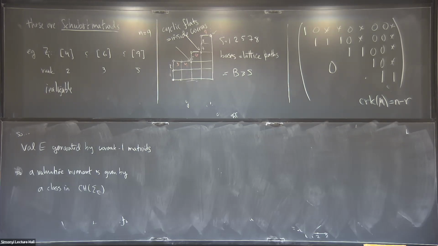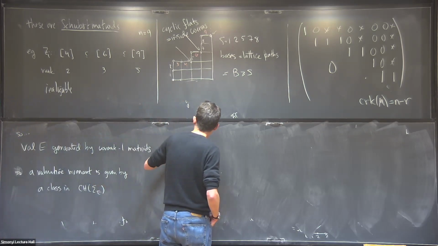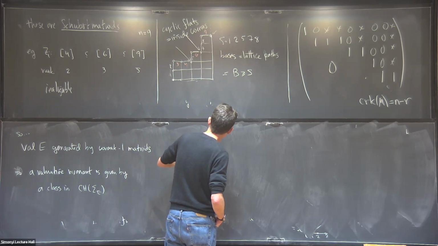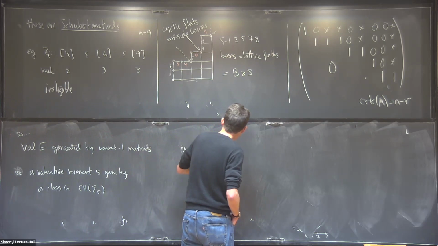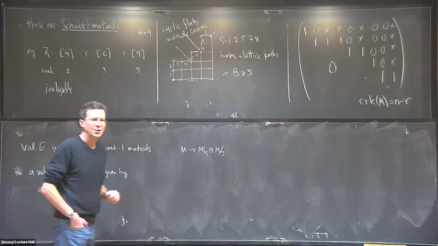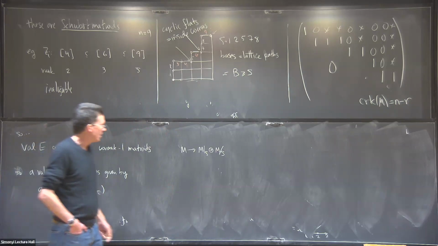Yeah, Alex. Do you know what happens to the Hopf structure on the valuative invariants from the Chow point of view? No. So Alex refers to the chronological weak map for every subset that sends M to this sum.